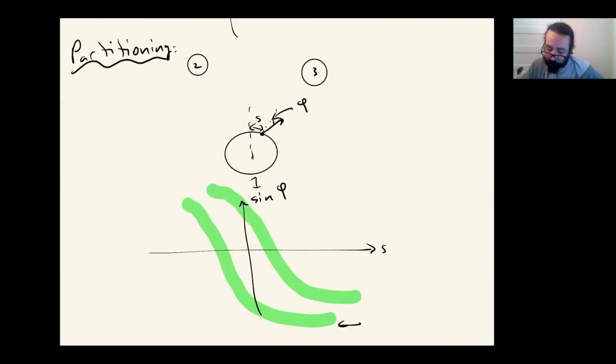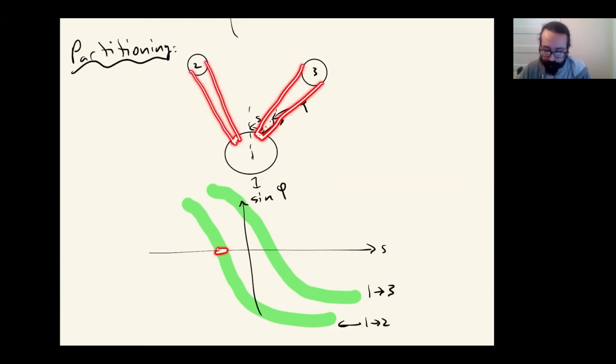So this is the strip where you go from bumper 1 to bumper 2, and this is a strip where you go from bumper 1 to bumper 3. Hopefully this picture is reasonably clear: if I send the particle normally away from bumper 1, then there's some arc length where you're going to hit disk 2 or disk 3.